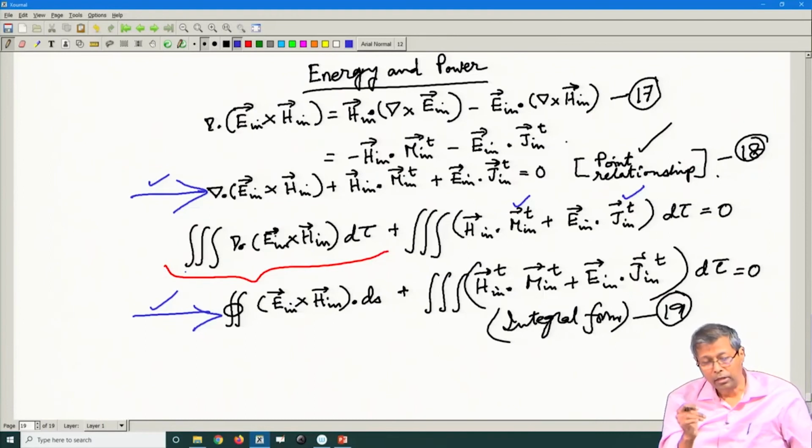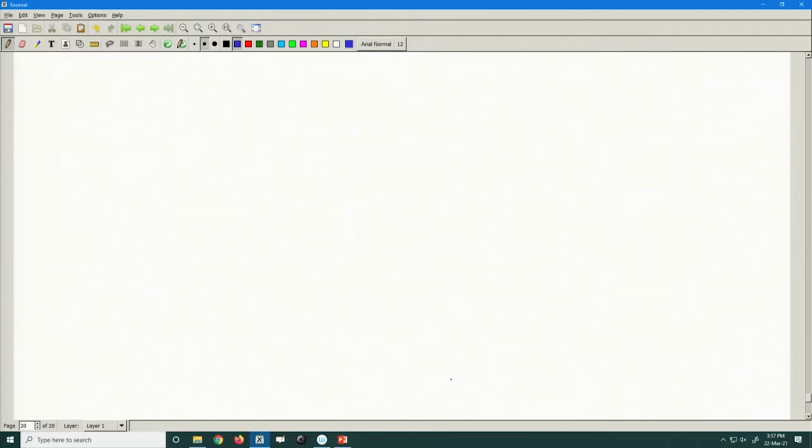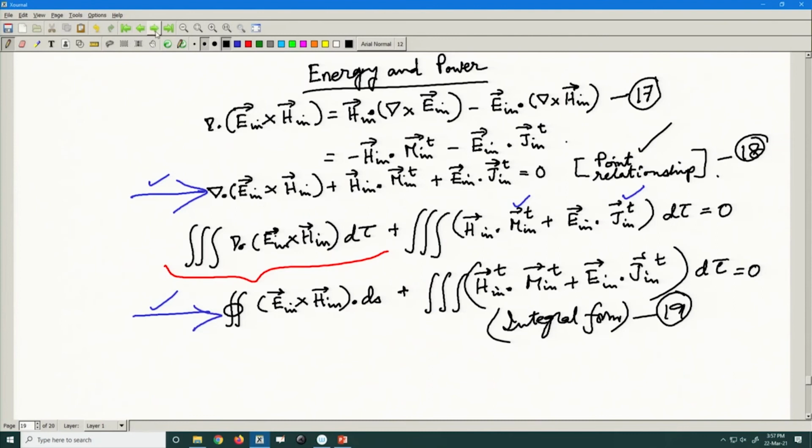In order to do that, let us find out what happens when we substitute the values.